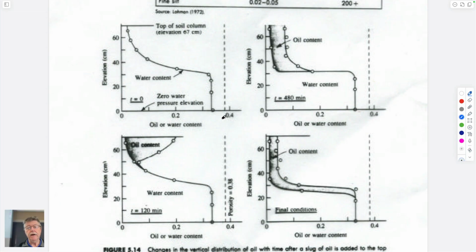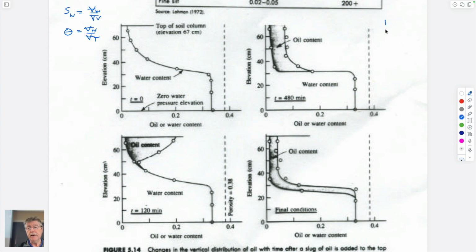And they define, I think, a porosity. So we define saturation of water as equal to the volume of water divided by the volume of the voids. Volumetric moisture content, which is what these are given in, is equal to the volume of water divided by the total volume. So total volume is the soil and the voids.